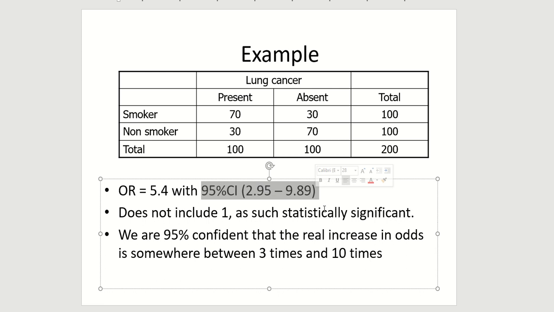And therefore, we're going to look at whether the confidence interval crosses 1. It does not cross 1, and therefore it's statistically significant. And we say we are 95% confident that the real odds ratio, or the real increase in odds in the exposed, is 3 times greater, up to 10 times greater than the non-exposed. And 2.95 is almost 3, and 8.89 is almost 10. So with rounding, we can talk about the odds ratio in the population being anywhere between 3 and 10.